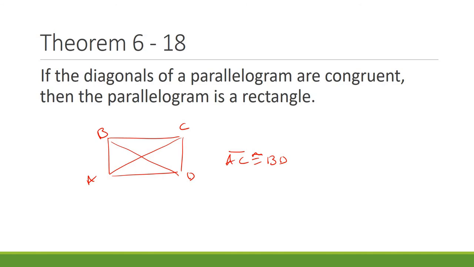Okay. So two quick examples of problems. So if I give you this picture and I give you some side lengths, 3x plus 9 and 8x minus 1, what would have to be true, or what would be a value of x that would guarantee that this shape is a rhombus?